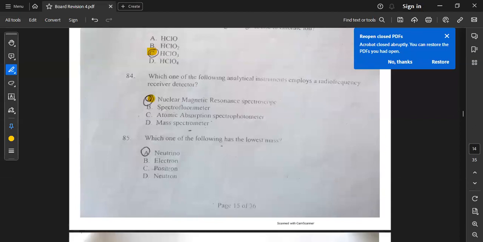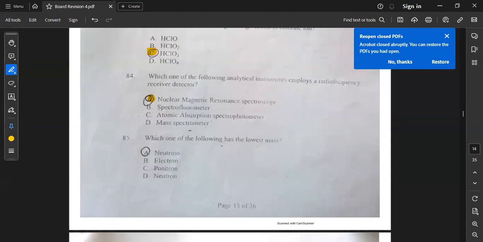This one should be neutrino, because electron and positron have the same mass, just opposite charge, and neutron is large. So we're all in agreement that it is neutrino.